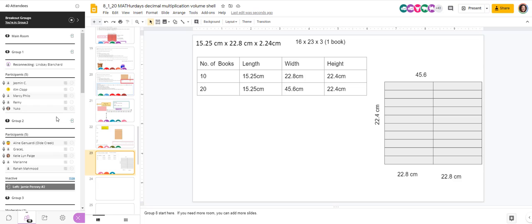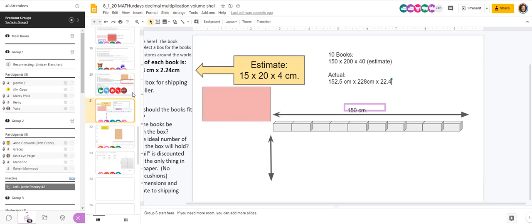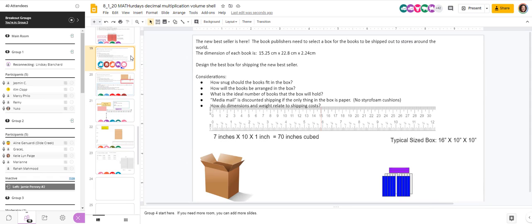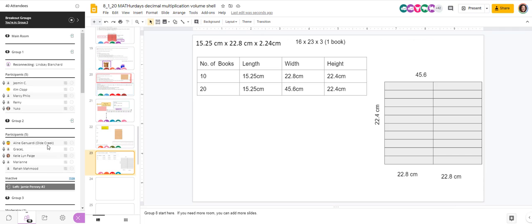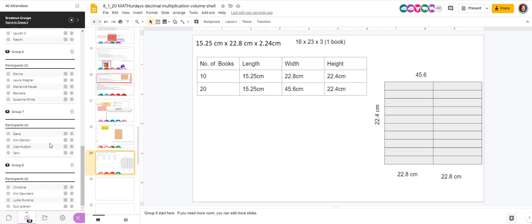I want to make sure I'm envisioning this the same, that this would hypothetically be the binding, right? These are the two bindings, and then all these books are stacked on top of each other. So the length is just this side of the book, but these are just stacked on, and then the height is going up.